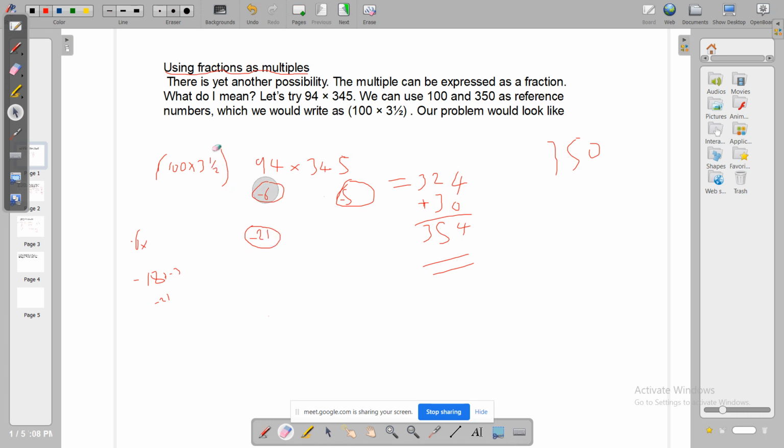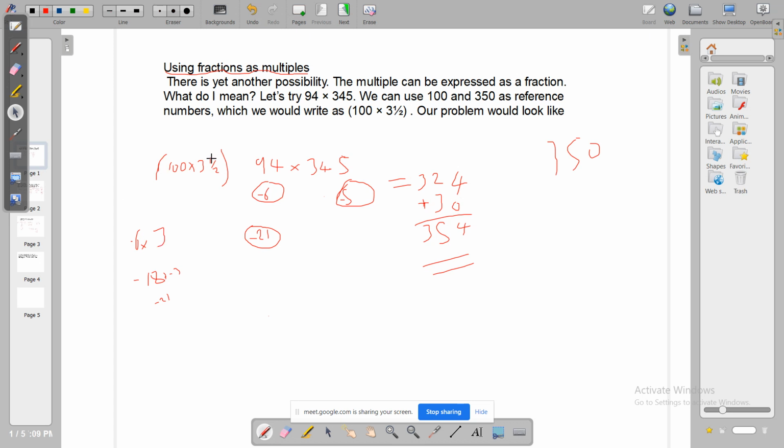Here, 6 times 3 is what? Can't you see I've written 18 here? We have to multiply this to get the number here. So it's 6 times 3.